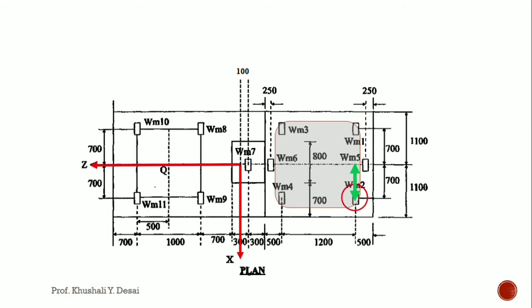So in X direction the value is 700 or 0.7 positive, while in case of Z it is 100 plus 300 plus 500 plus 1200, giving 2.1 or 2100 in the negative Z direction.